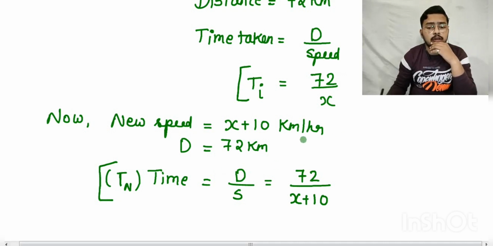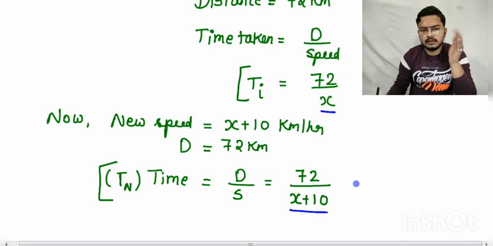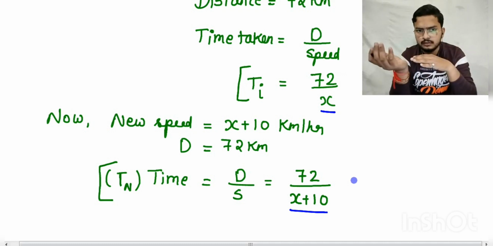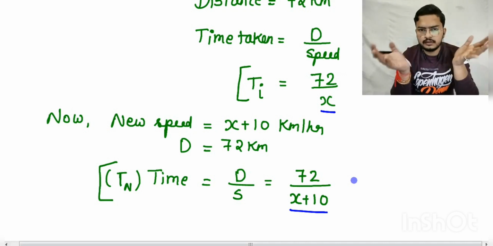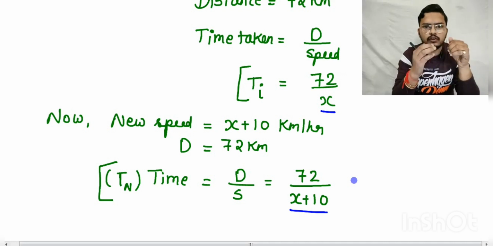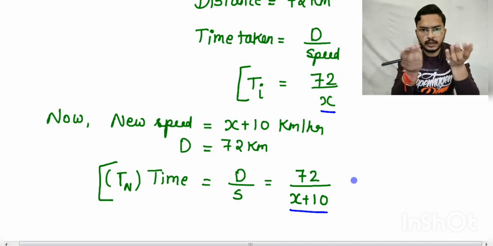Here the speed is only x, and here the speed is x plus 10. So you can easily see that whenever the speed is increased, the time taken by the car is obviously decreased. You can also think of this practically: whenever you increase your speed, the time for the journey has to be reduced.